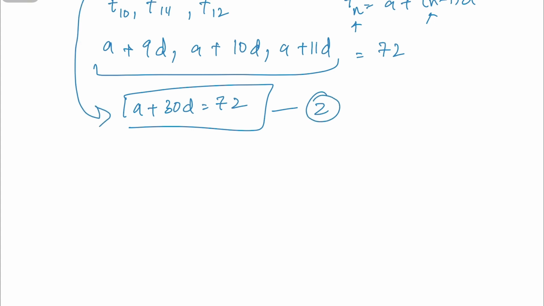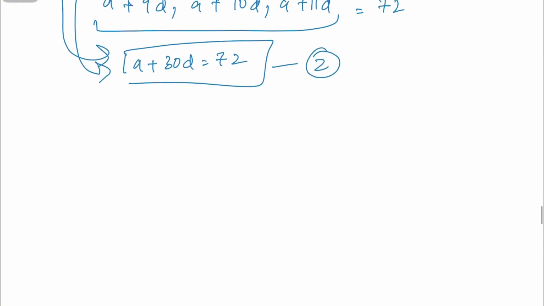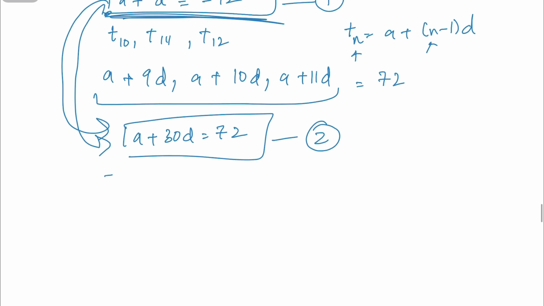Let's subtract this equation from this equation. So this would look like negative a, negative d, and positive 12.